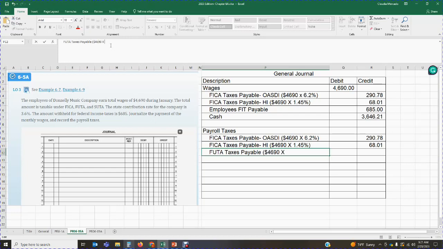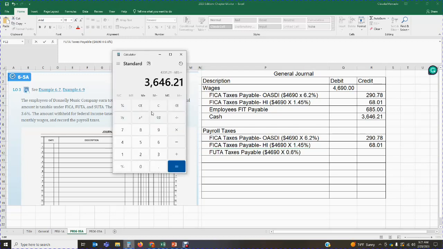Because everything is taxable, I'm going to get the 4690 and multiply it by my FUTA rate of 0.6%. Remember, FUTA is a net tax of 6% minus my credit of 5.4% gives me a net FUTA tax of 0.6%. We've already covered that.